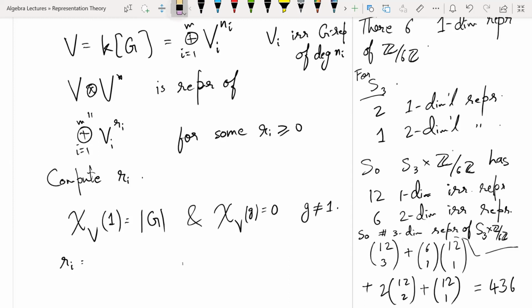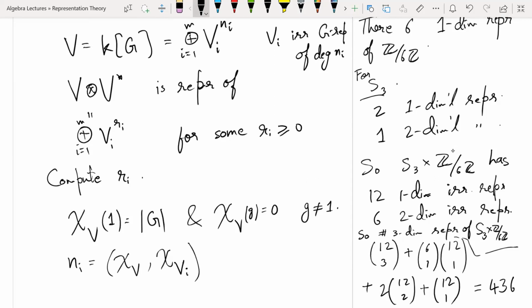So maybe first let's just recall. Note that Ni is just the inner product of chi V with chi Vi, by orthogonality of characters. Chi V you can write as the sum of Ni times chi Vi, and then you get Ni by the inner product.